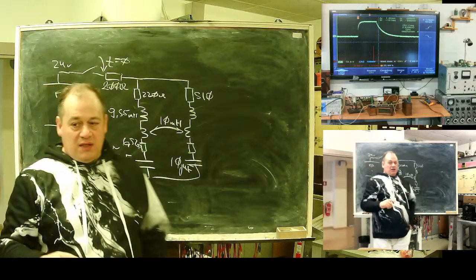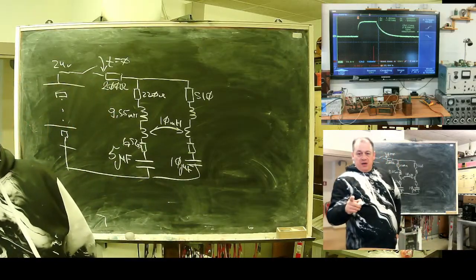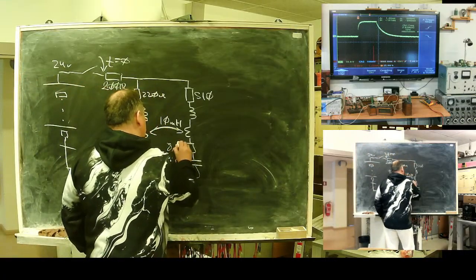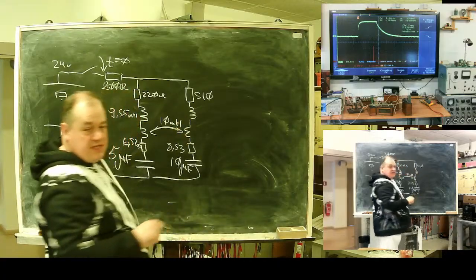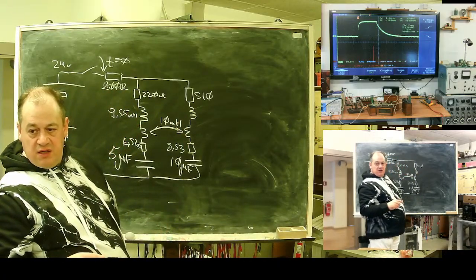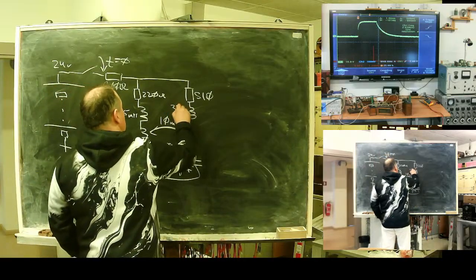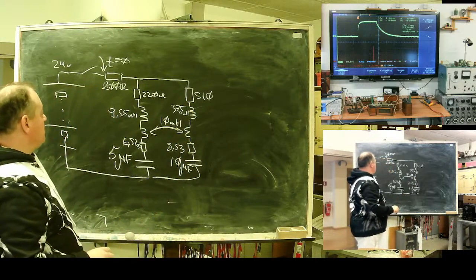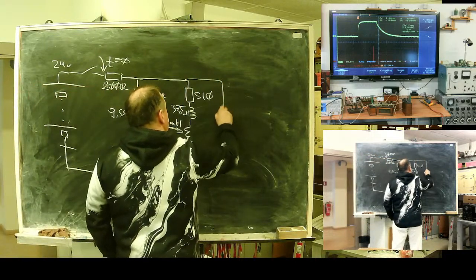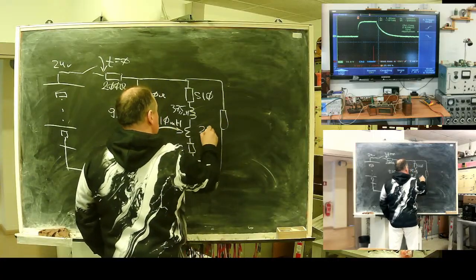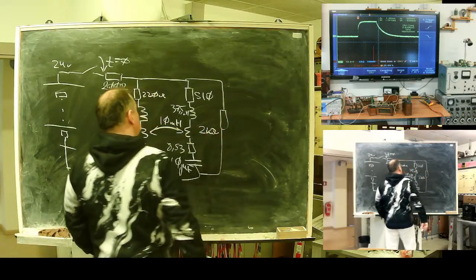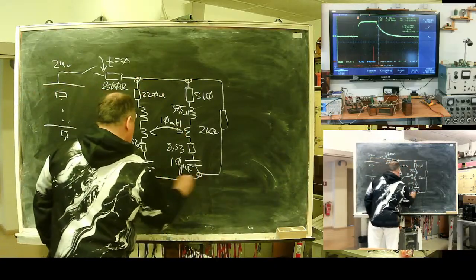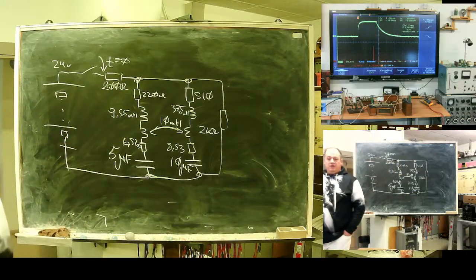For the secondary one, 8.53 ohms, and self-inductance is 7.5 millihenry. Nice network. And here I have one branch, 2 kilo ohms discharge. Yeah, you definitely like this network.